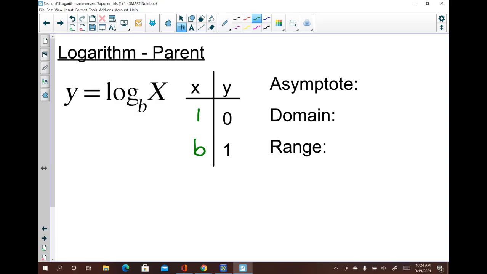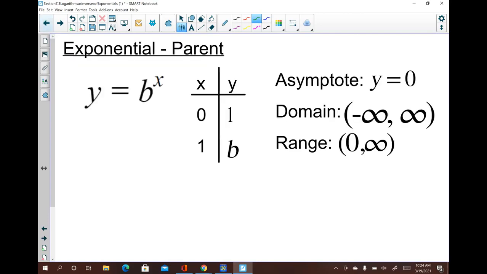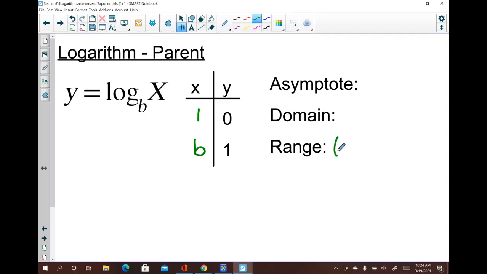Another property about inverses is that the domain and range switch. So if my domain is negative infinity to infinity for exponentials, my range is going to be negative infinity to infinity. My range was 0 to infinity for exponentials, so my domain is 0 to infinity for logarithms.